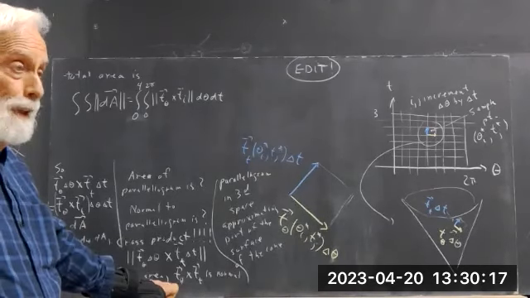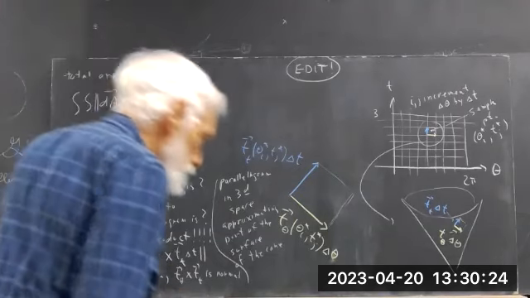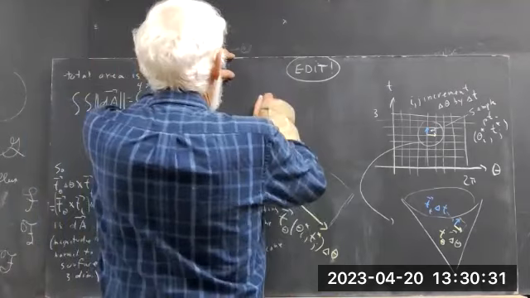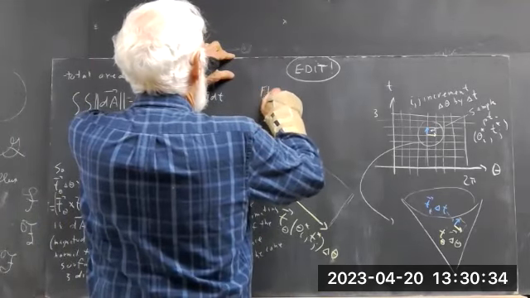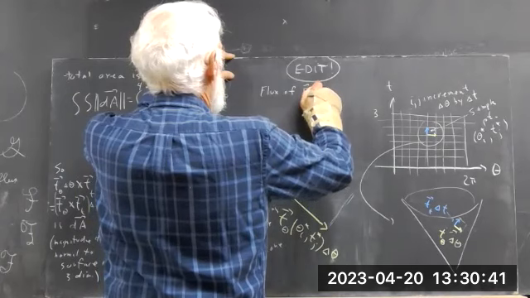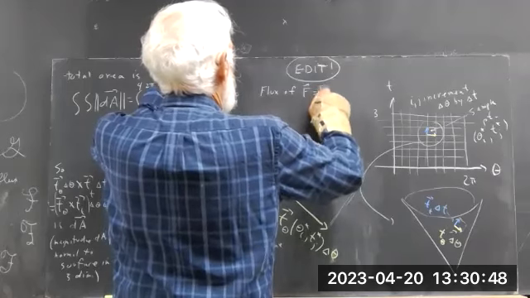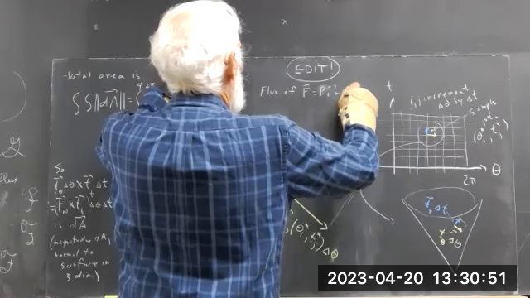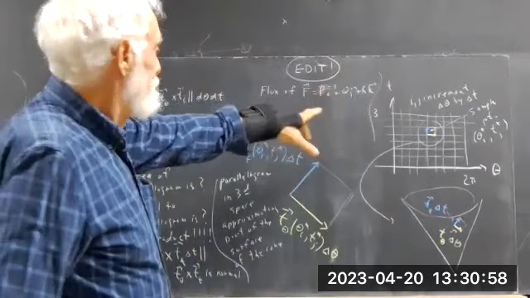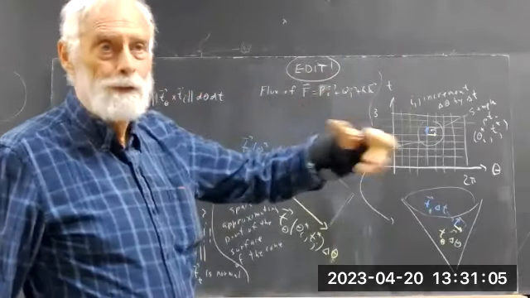Okay. Now, we might want to do a flux integral. How do we do a flux integral? Let's just let F be P i plus Q j plus R k. We understand that F, P, Q, and R are all functions of x, y, and z, right?